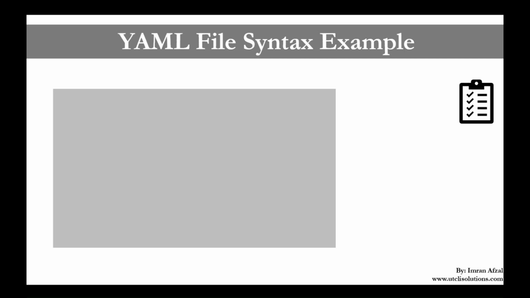So here you start the VI editor, and in order to define that it is a YAML file, you have to type in hyphen, hyphen, hyphen in the very first line. This is what defines that it's a YAML file.